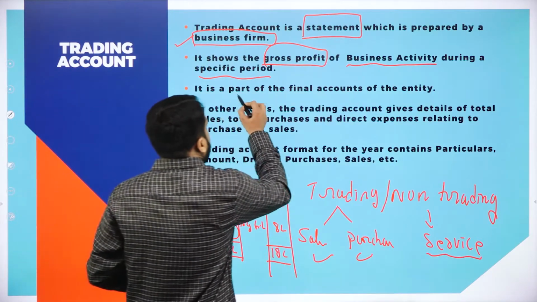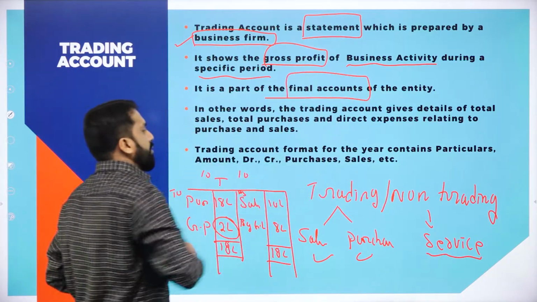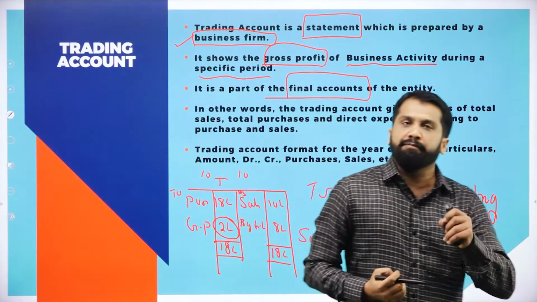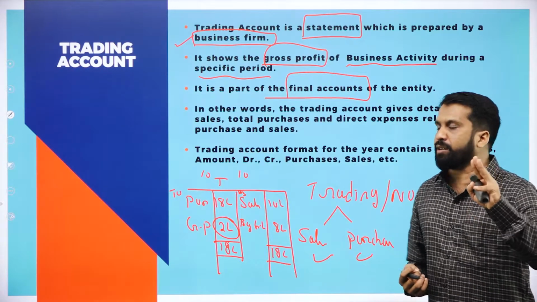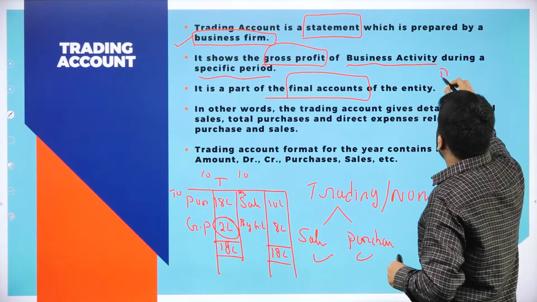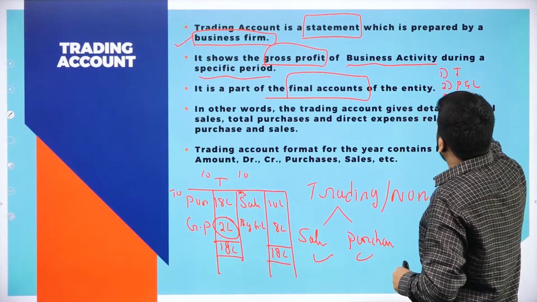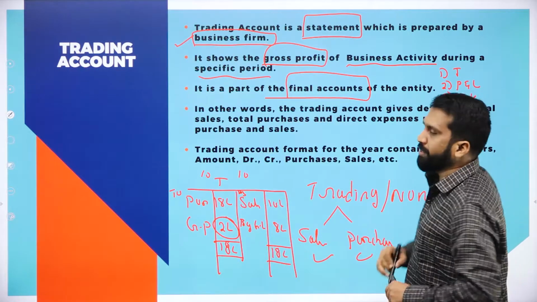Now, it is a part of final accounts. So why is it a part of final accounts? As you know, in final accounts, we prepare 3 accounts. First one will be trading account. Second one, profit and loss. And the third one, balance sheet.